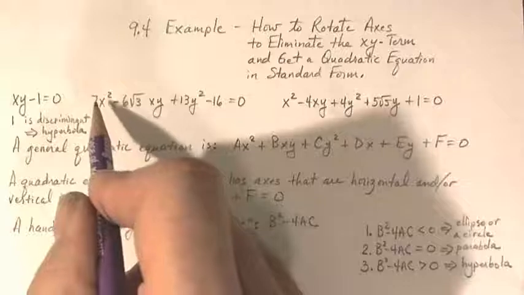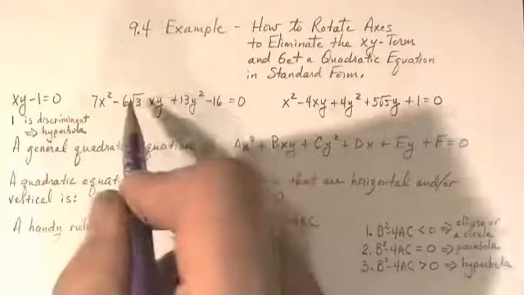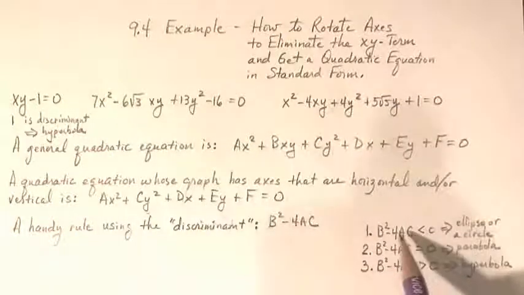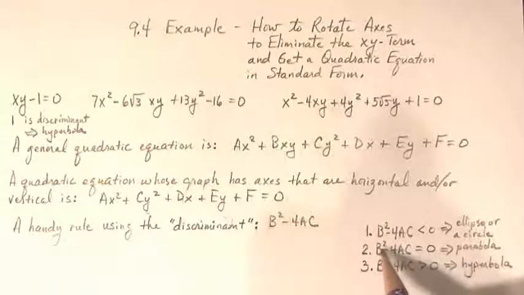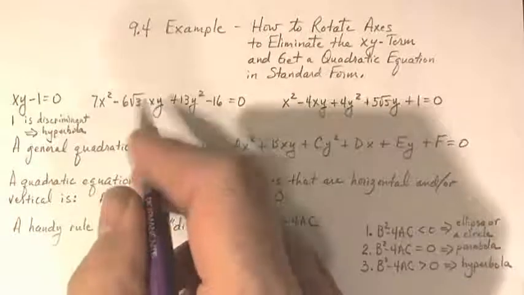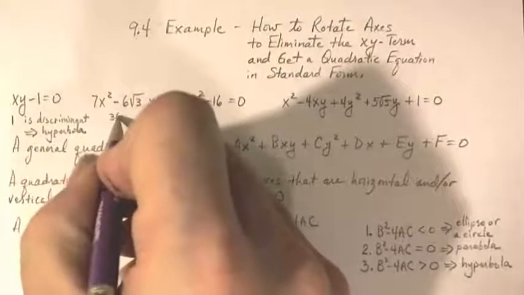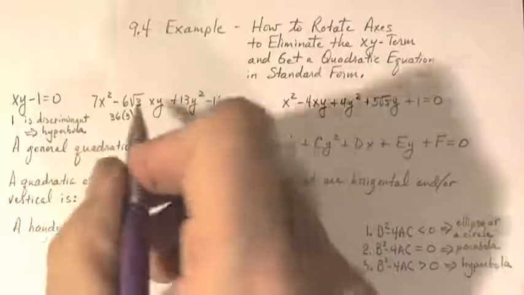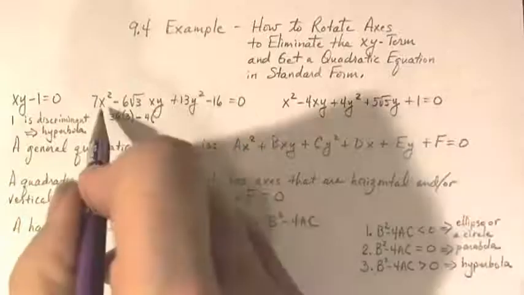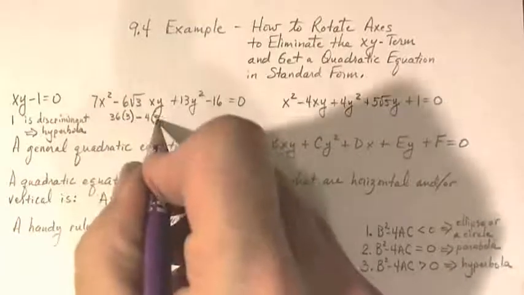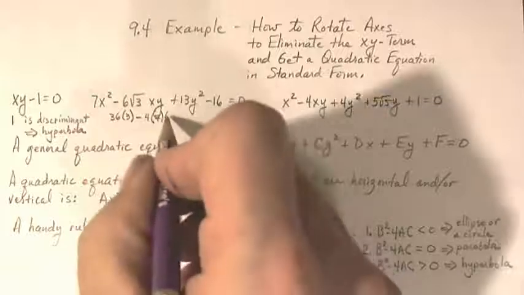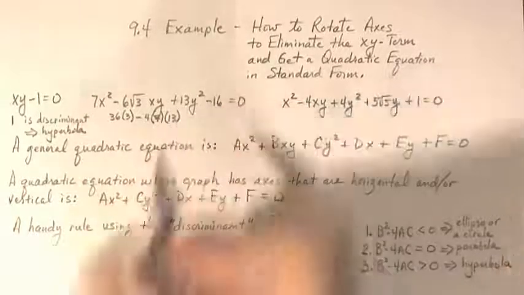Okay, let's try the second one. We do have an A and a C. We also have a B. Let's do the B first. The B squared would be 36 times 3. Well, let's just write it down. 36 times 3 minus 4, and the A is 7, and the C is 13.